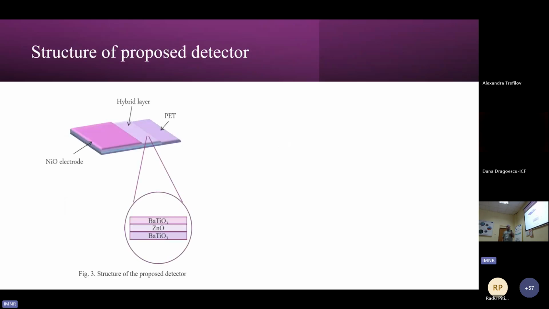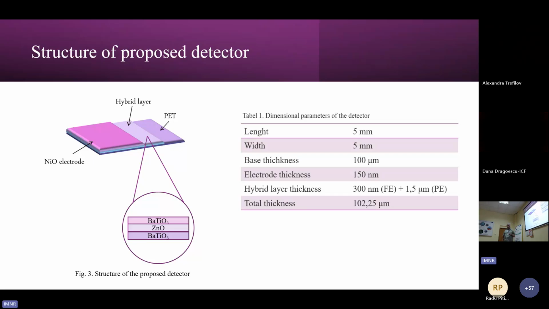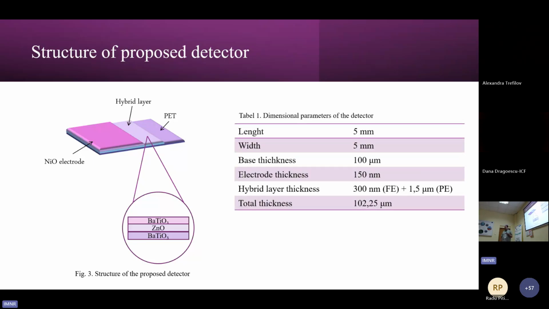In my study, I chose a nickel oxide electrode, and I also added a hybrid layer of titanium and zinc oxide, which will give us some interesting properties later. In this table are the dimensional parameters of the detector used in the calculations later.